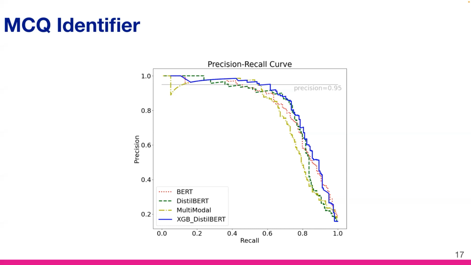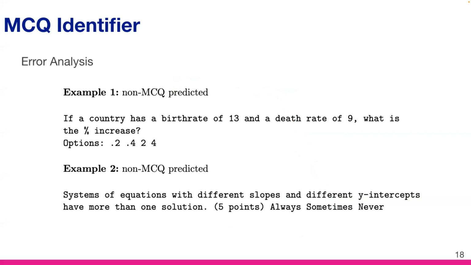Later, we did some error analysis for the MCQ identifier, and we found that there are some problems with some questions, so the performance is not getting better than 0.94. 2 examples are here that are misclassified as non-MCQ, but they are actually MCQ.